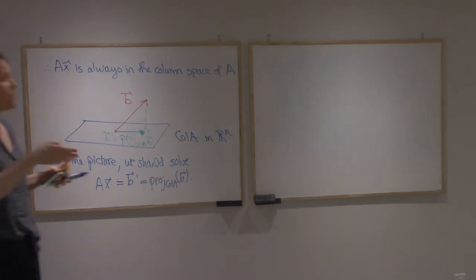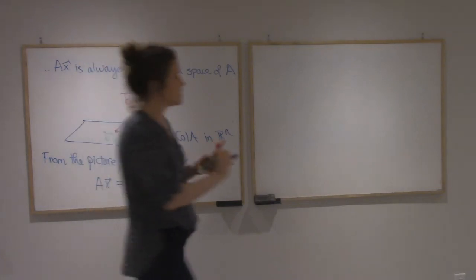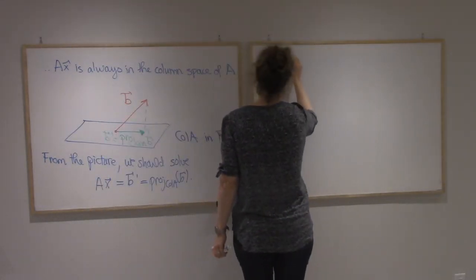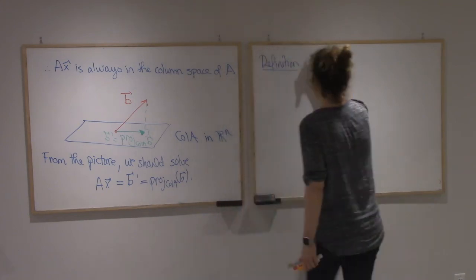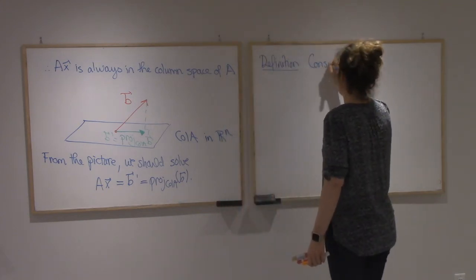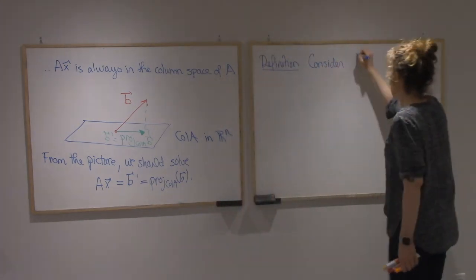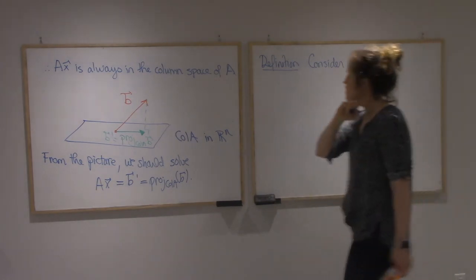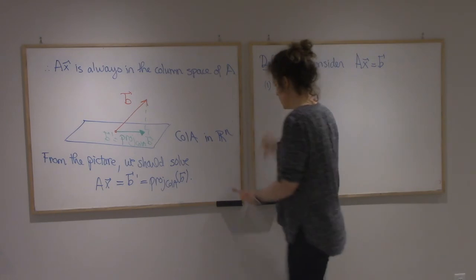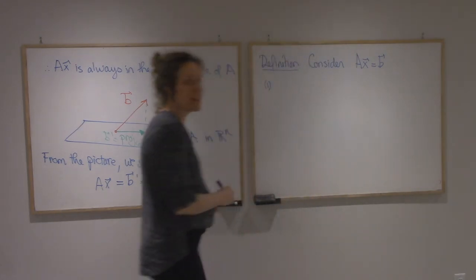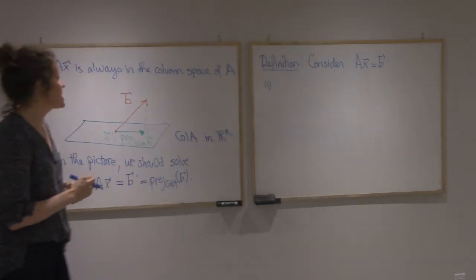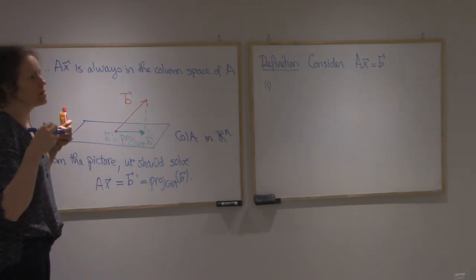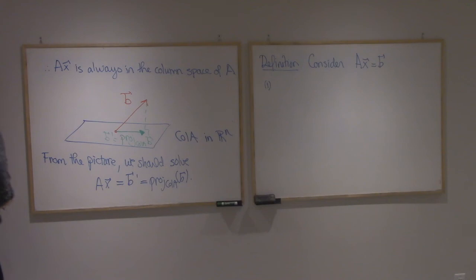Before we have a formula and everything else, let me give names to everything. Let's say we're interested in this system. Then the Ax that minimizes the distance will be the least squares approximation.